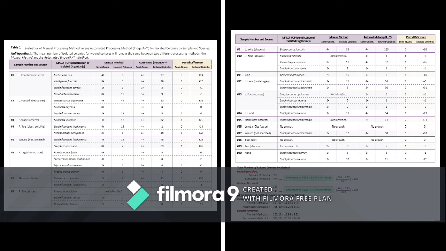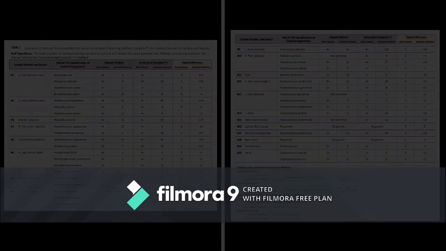You can see that comparing the manual method to the automated method, there was a very large increase. Just in sample number 1 alone, the number of isolated E. coli colonies went from 3 on the manual method to 27 on the automated method. I do have some pictures to display some of these. At the bottom, you will see the total number of isolated colonies by method. I did have 2 outliers in here, and I will show those in a moment on another table.